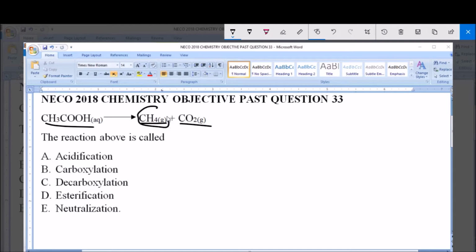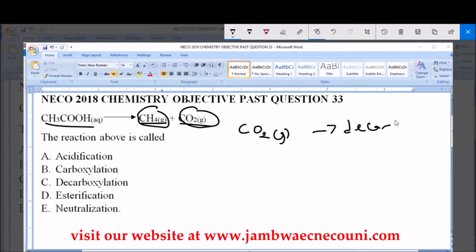So you have methane and you have carbon dioxide. Now any reaction that involves removal of carbon dioxide is known as a decarboxylation reaction.